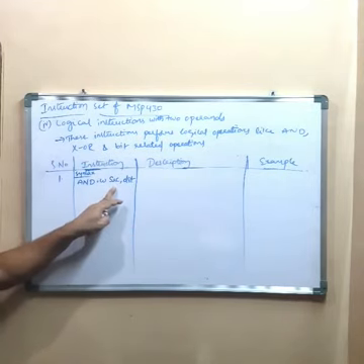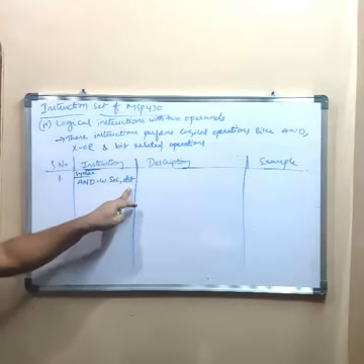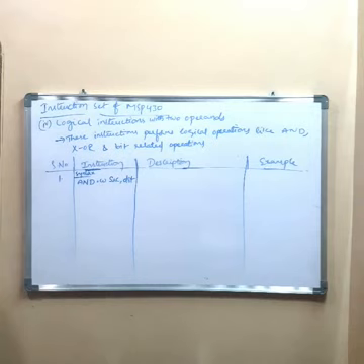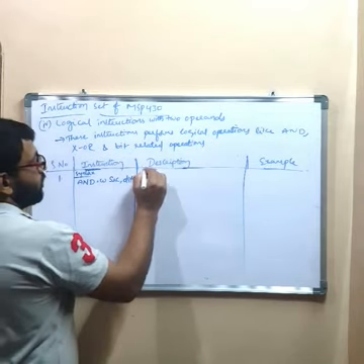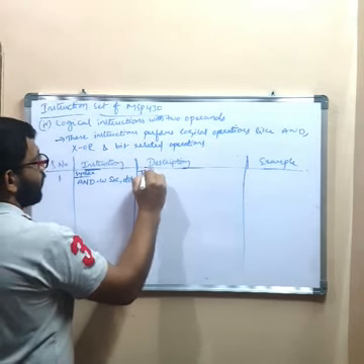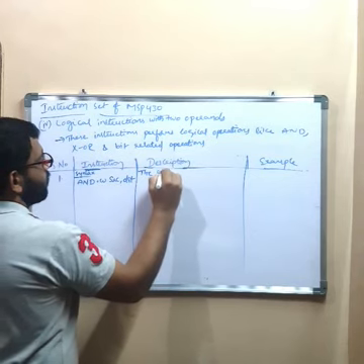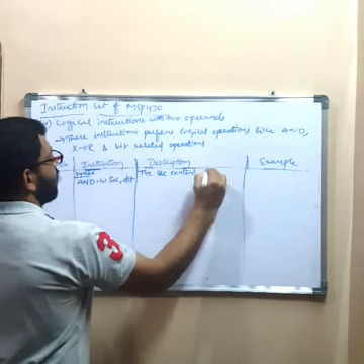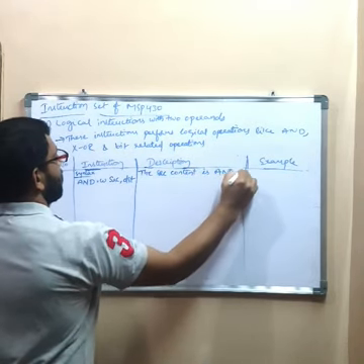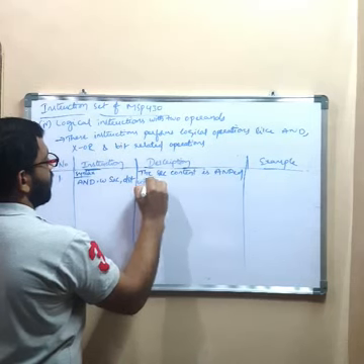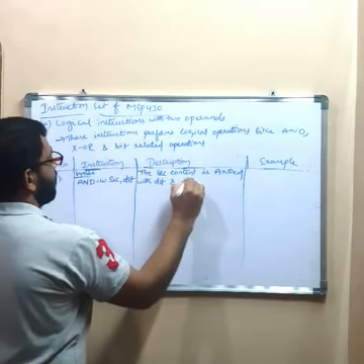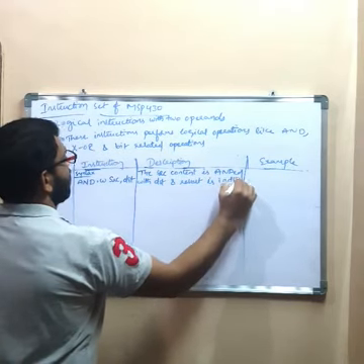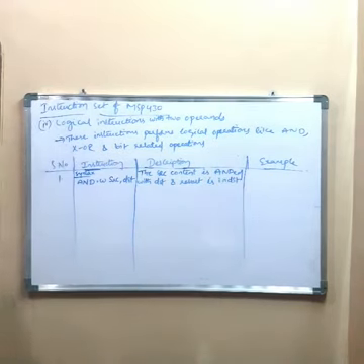The content of source is ANDed with destination and result is placed in destination. ANDing is nothing but Boolean multiplication. So description: the source content is ANDed with destination and result is in destination.